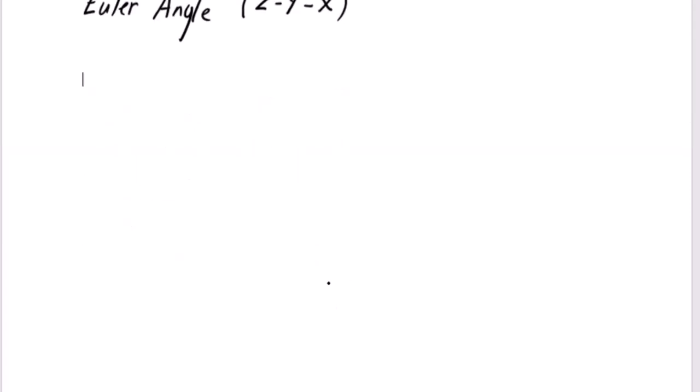Our first illustration, the description using illustration, will be the Euler angle. Now let me choose the order of rotation: Z, Y, and X. So let me prepare the plot.